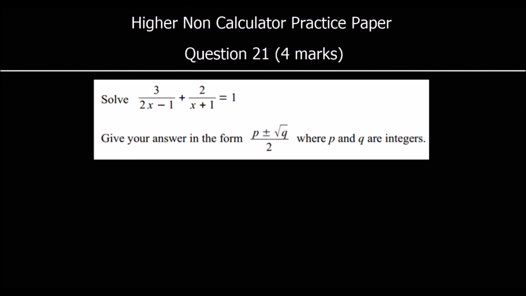And one for you to try. So give it a go. Okay, step 1, add the fractions together. So we're going to make the denominators the same. So I'm going to times the left fraction by x plus 1.